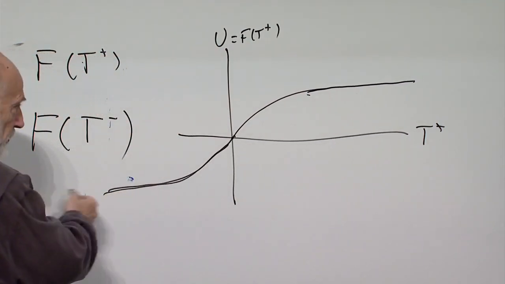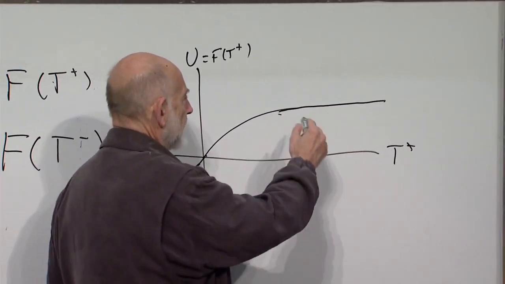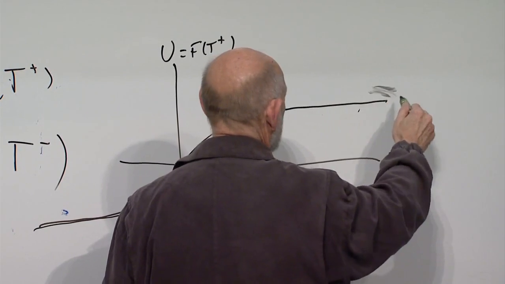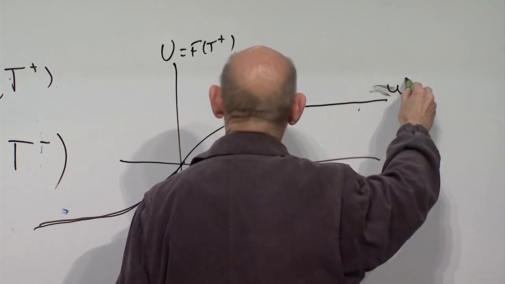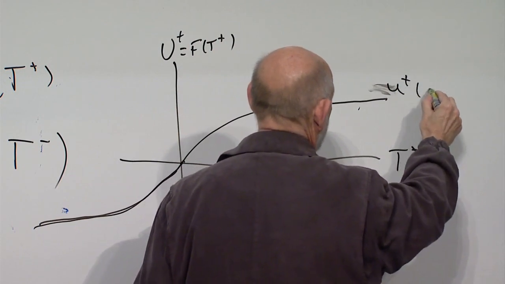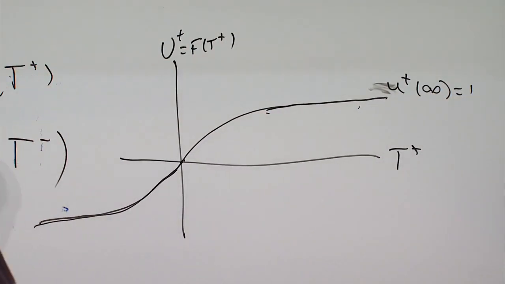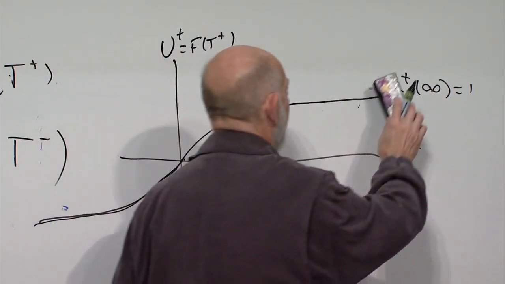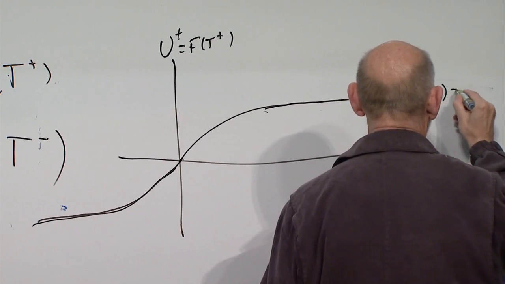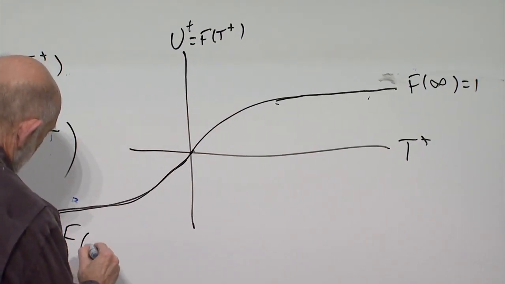Also, down here, it also has a slight slope. But u plus of infinity is 1. Let's call the function f. F of infinity is 1, and f of minus infinity is minus 1.